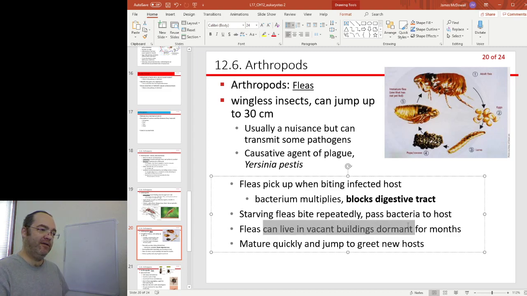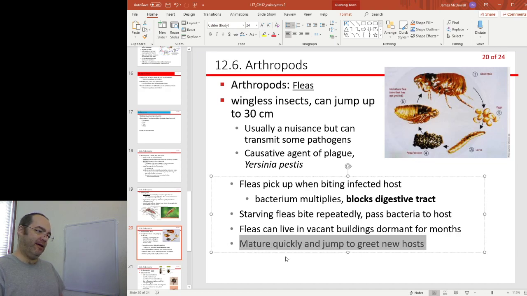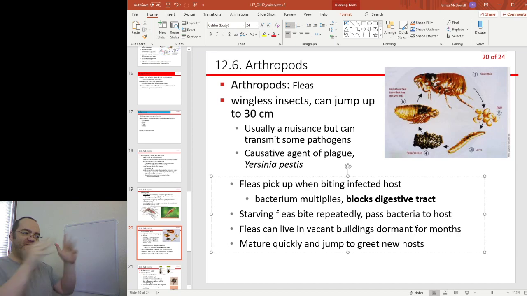Fleas can live for months in vacant buildings, and as soon as a suitable host enters, they all start jumping up and biting.